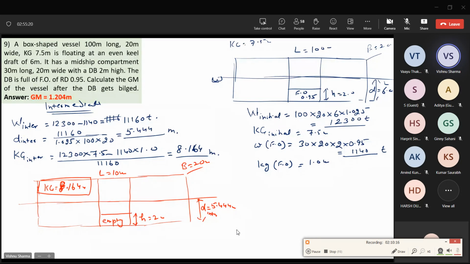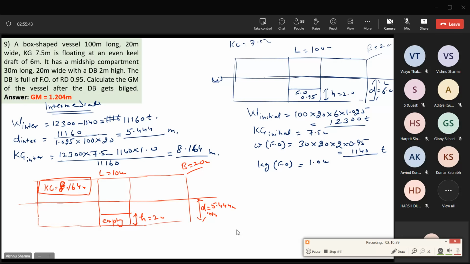Both will have seawater. The remaining ship was the same. So now the two ships have come to exactly identical condition after bilging, and therefore whatever will be the stability of the red ship would be the bilged condition for the blue ship as well. Do you agree with it, guys?